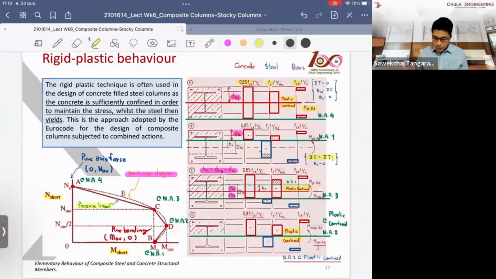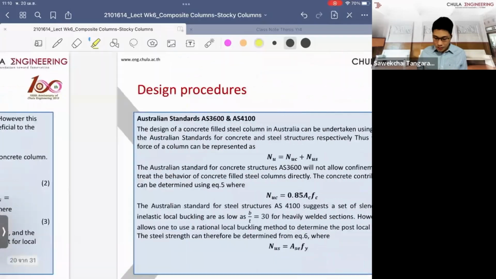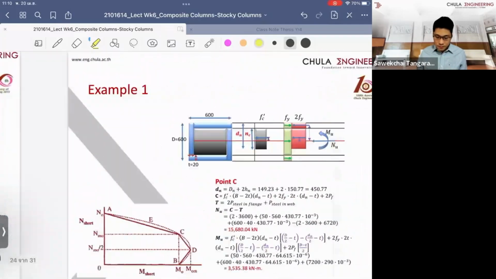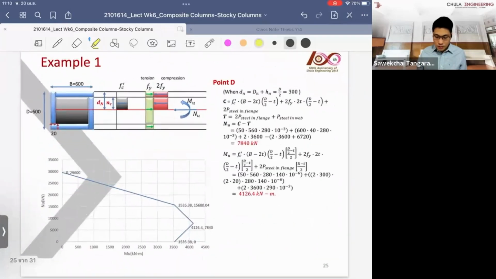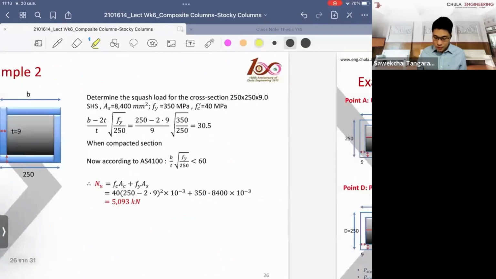Before we go ahead, any questions first? So we know the concept of how we can obtain points A, B, C, and D in the interaction diagrams. For the calculation, I have the examples, which I'll just skip through first. In example number 1 and example number 2, you can just go and have a look at them.